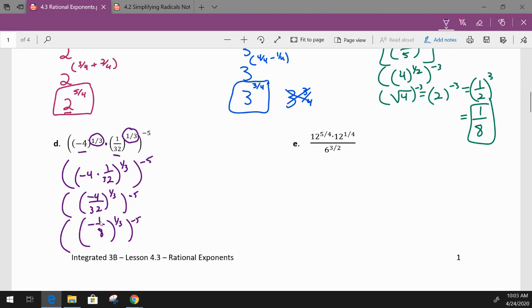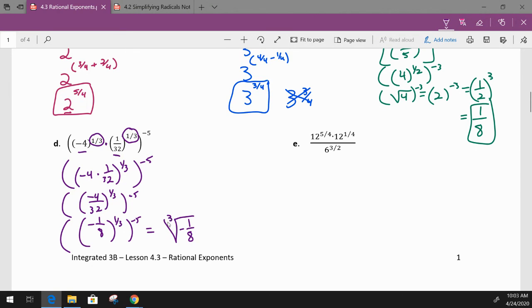All right. So now I'm going to rewrite this as a radical. So the cubed root of -1/8. Now you can take a negative number to an odd root.